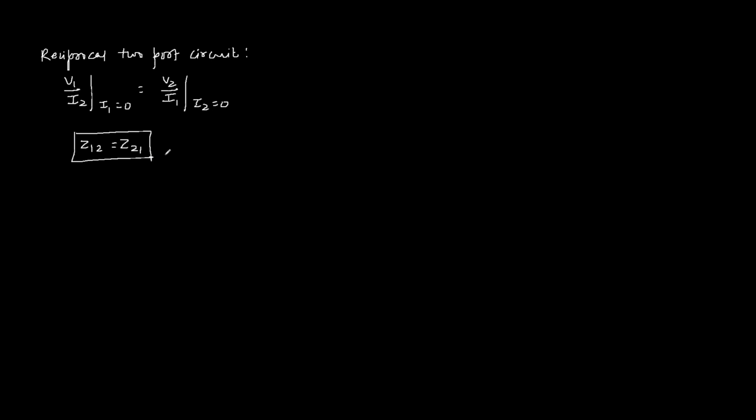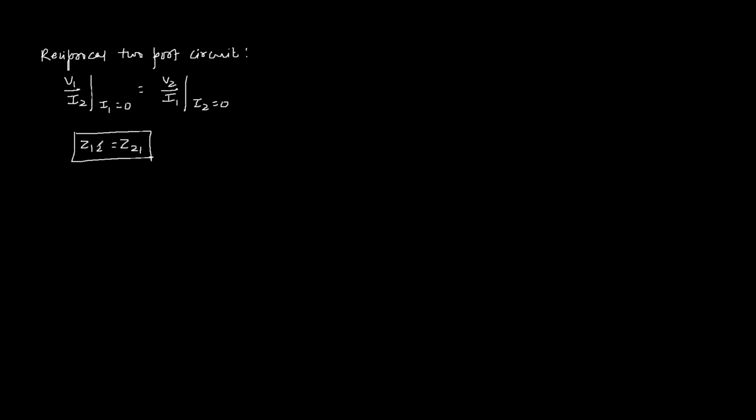Now we will write the conditions for a reciprocal two-port network or two-port circuit. Condition for reciprocal two-port network is V1 over I2 when I1 is 0 must be equal to V2 over I1 when I2 is 0. In terms of Z parameters, it is Z12 must be equal to Z21. Now, we will write the condition for reciprocal two-port circuit in terms of G parameters.